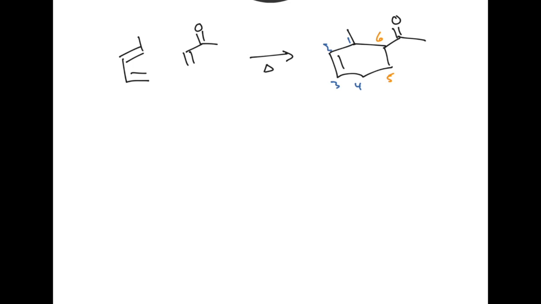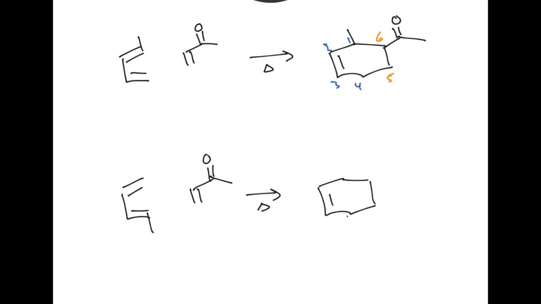But there's nothing keeping these two molecules from flipping over and reacting in a different orientation, right? So what happens if my diene flipped over and was oriented like that? Now, when I get my product, my methyl group is on carbon 4, right?